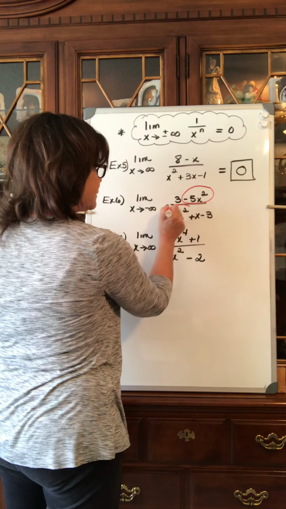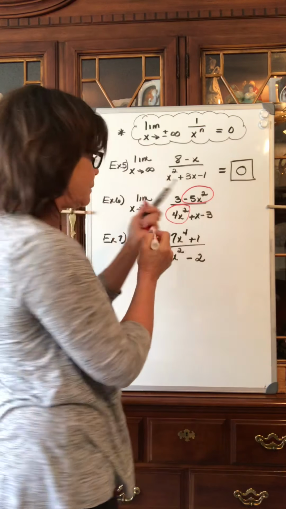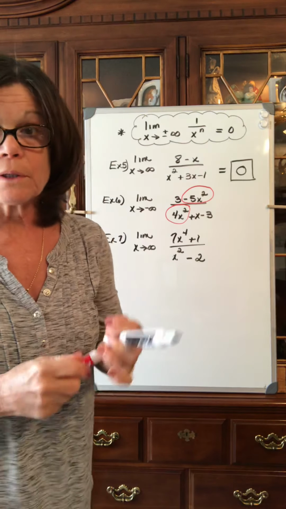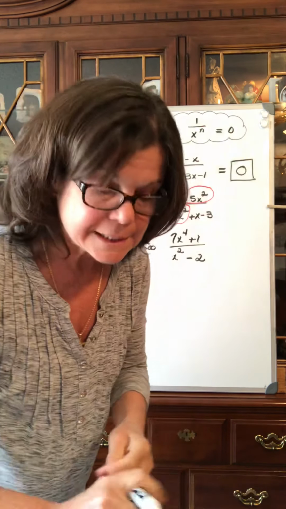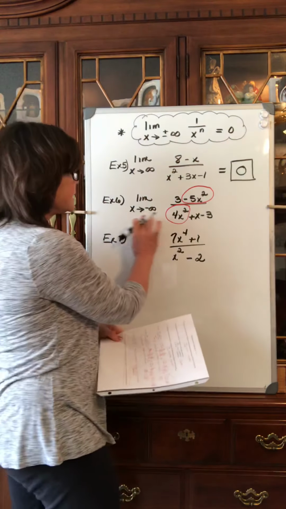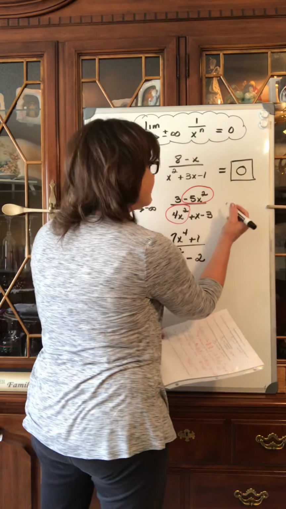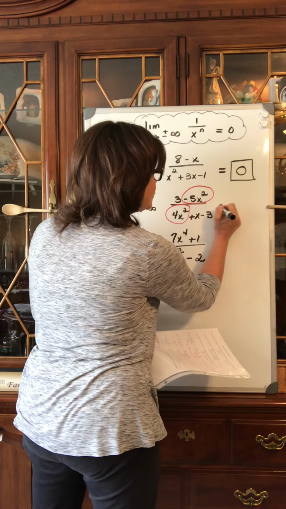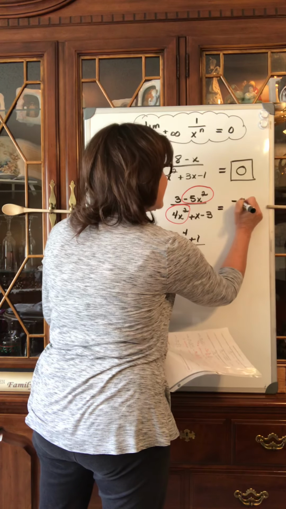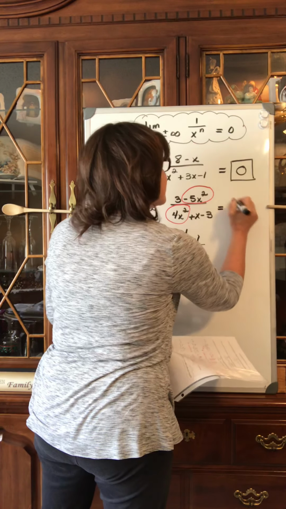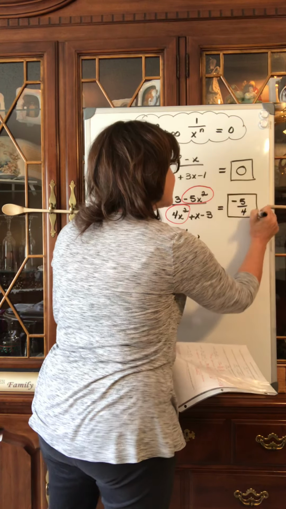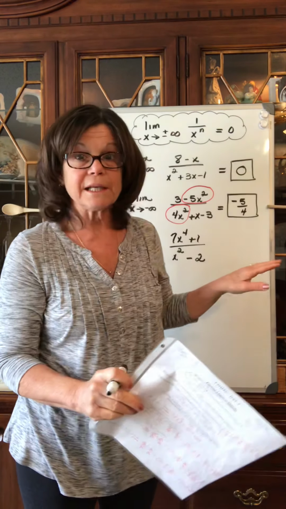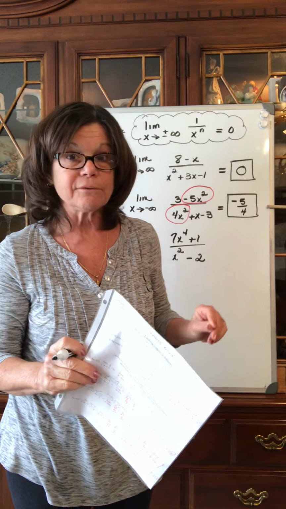The highest exponent in the denominator is an x squared. The degree of the numerator and the degree of the denominator are exactly the same, so the limit as x is approaching positive or negative infinity is the coefficient of these two terms. So it would be negative 5 over 4. This particular function would have a horizontal asymptote at y equals negative 5/4.